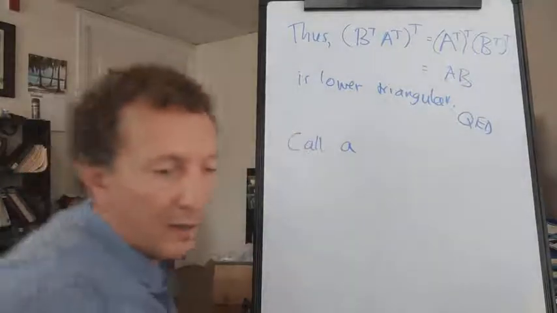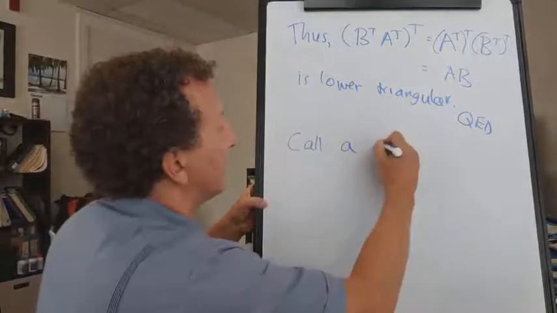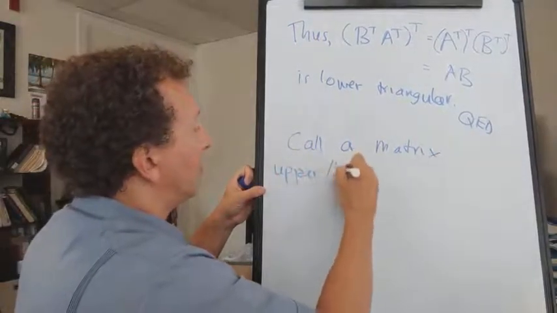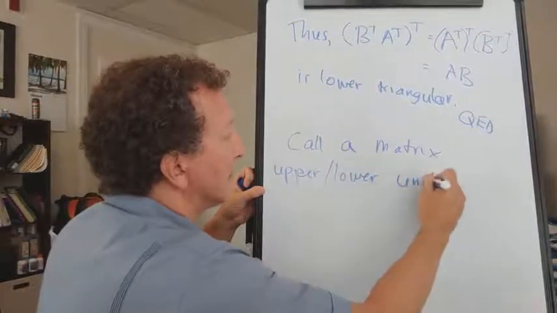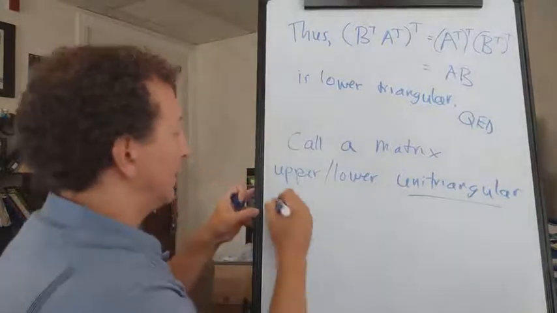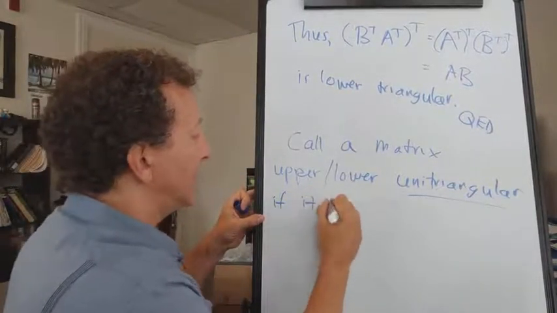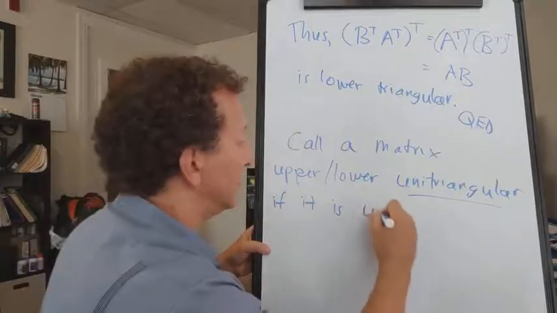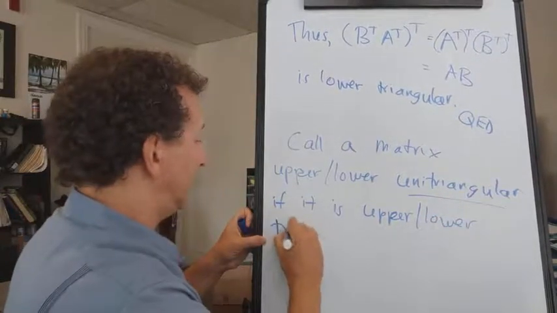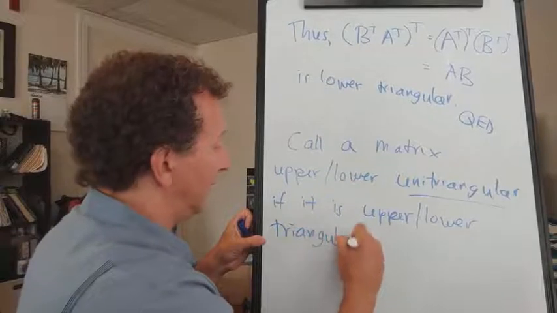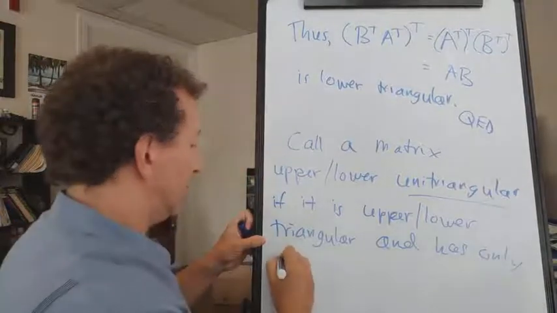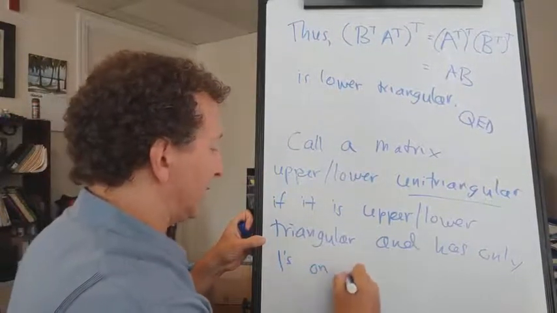Now we call a matrix upper or lower unitriangular if it's upper or lower triangular and has only ones on the diagonal.